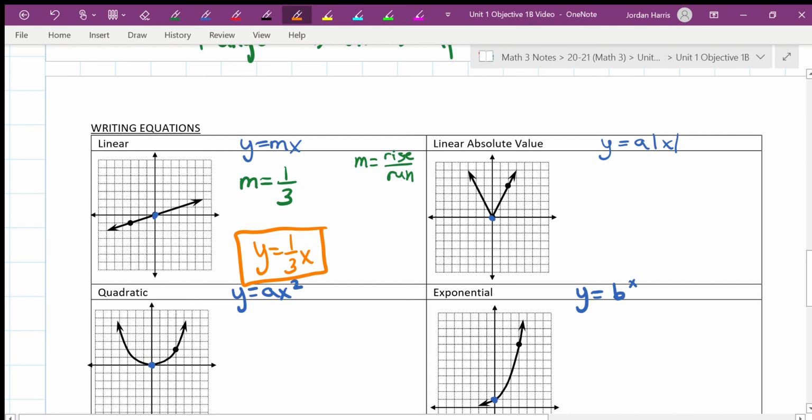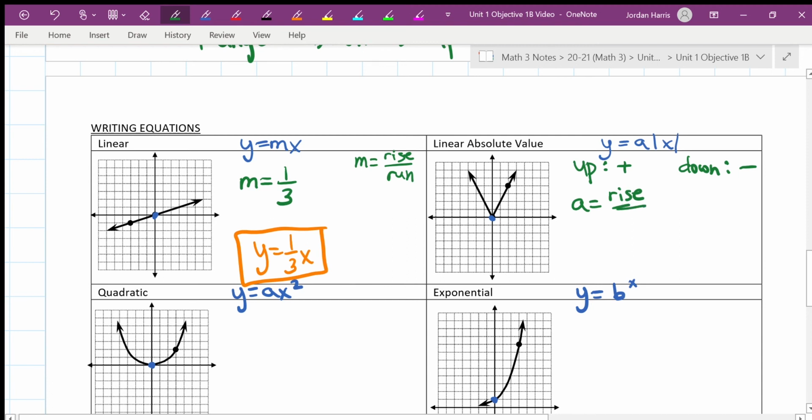Okay. For the next one, we got to tell, is it positive or negative? Remember, up is positive. If it's going down, it's negative. So this one's going up, so it's going to be a positive value. And this one, we can actually use slope again. Whenever it says linear in it, that's when you know it's slope.